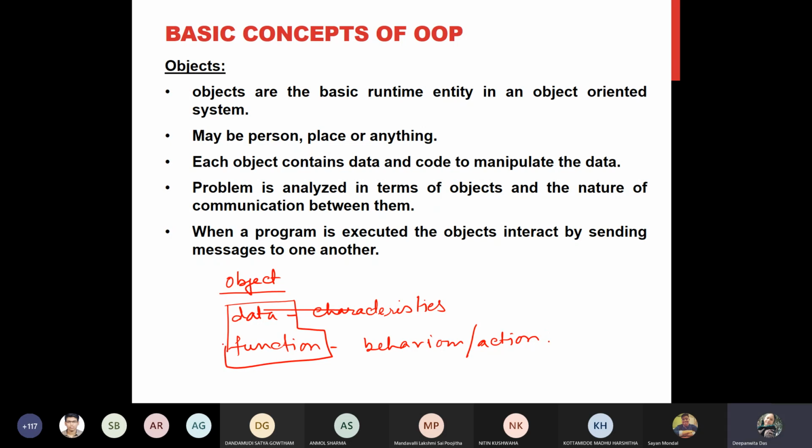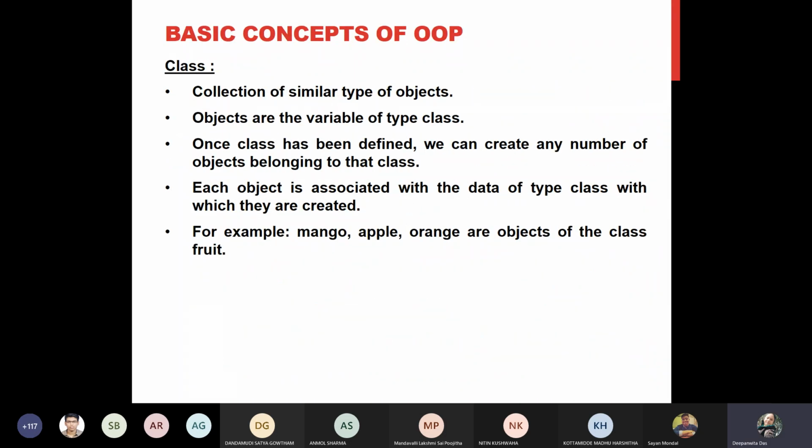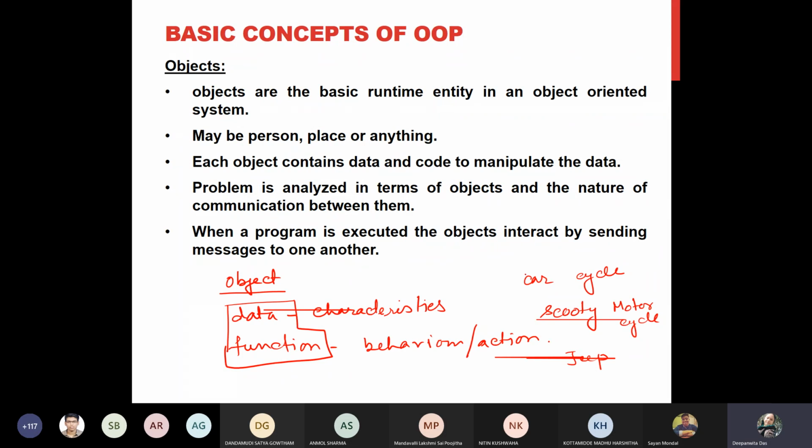Now consider, taking the same example, that if I tell you there is a car, and there is a cycle, a scooty, a motorcycle, and a jeep. So what are they? All of them: car, cycle, scooty, motorcycle, and jeep.